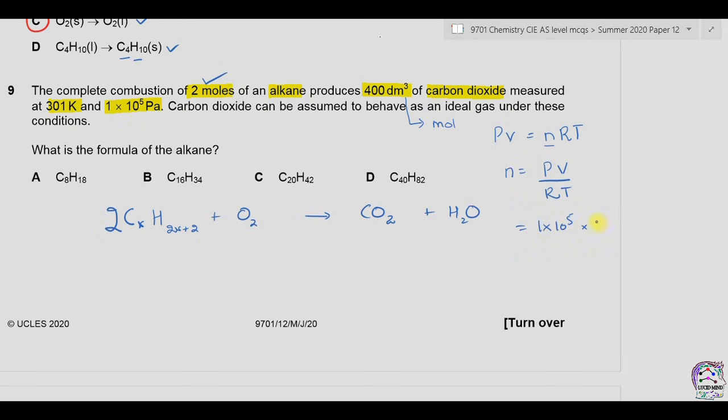Volume is in meter cube, so we can convert decimeter cube into meter cube by dividing by 1000. The value of R is 8.31 and temperature is 301 Kelvin. Now the number of moles of carbon dioxide comes to be 16 moles. So we can say 16 moles of carbon dioxide molecules are being formed, or we can also say that 16 moles of carbon atoms are produced.